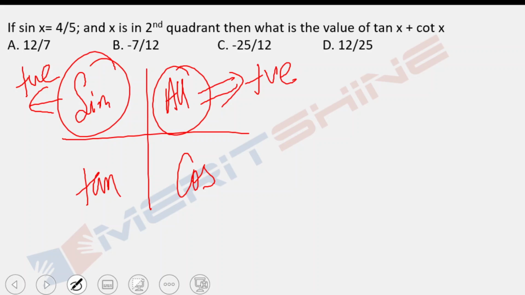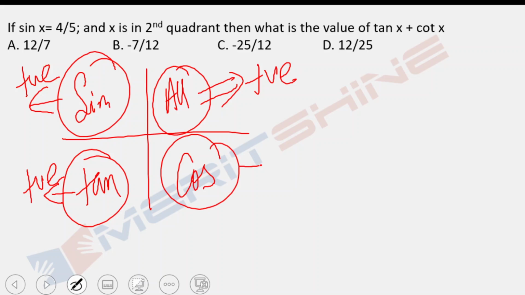Others would have negative value: cos, sec, tan, cot. In this quadrant, similarly, tan and cot values would be positive. And in this quadrant, cos and sec values would be positive. Okay, right. So these are their quadrants. So you will have to remember this way, anti-clockwise A, S, T, C. So this is a basic concept.